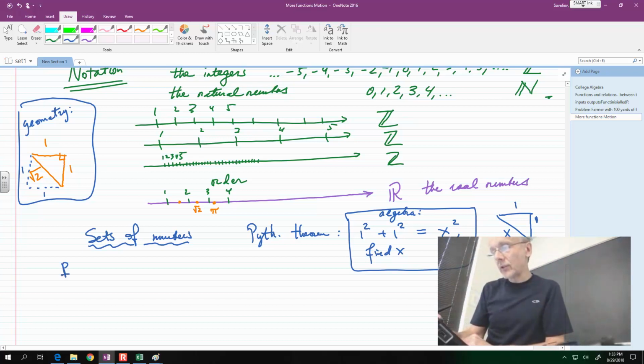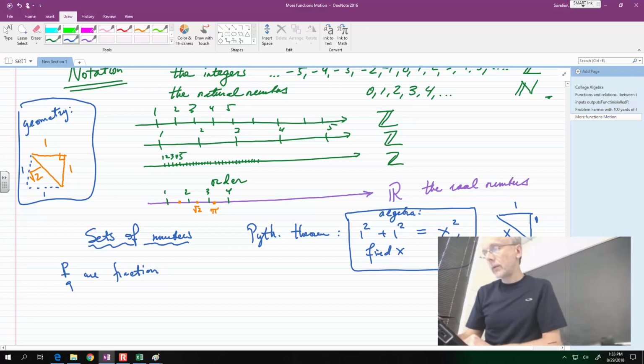So fractions, P over Q, are fractions, right? Remember that, fractions where P and Q are integers, then that is a fraction.